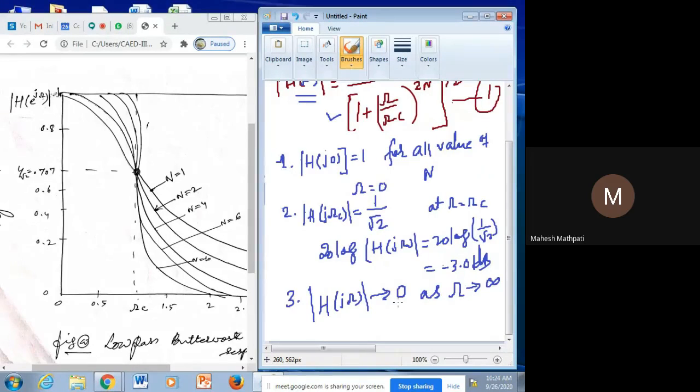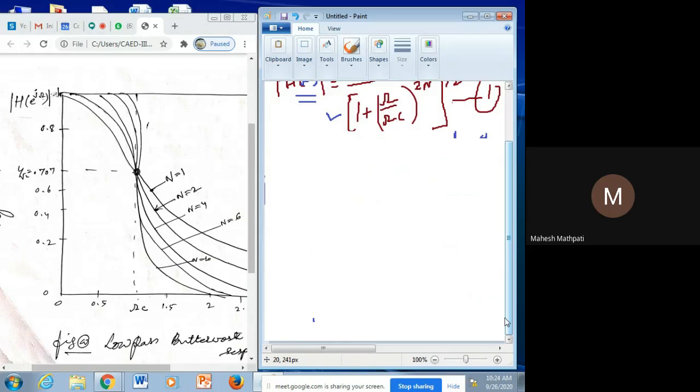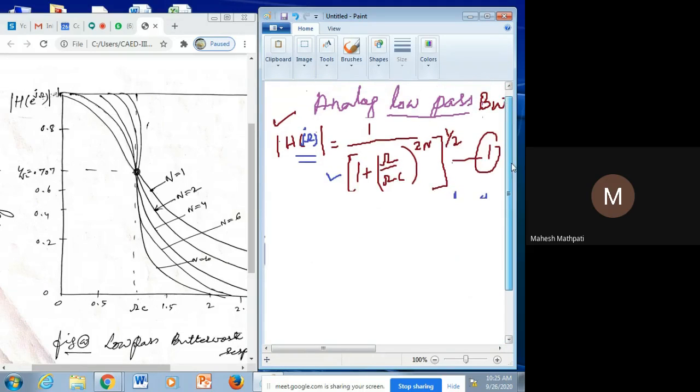Fourth point, from the figure we observe that as the order of the filter N increases, the Butterworth filter characteristics is more close to the ideal characteristics.